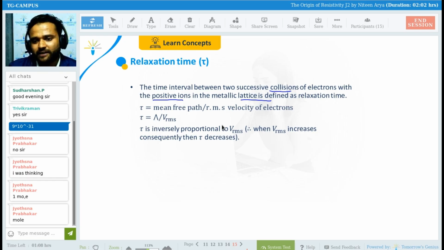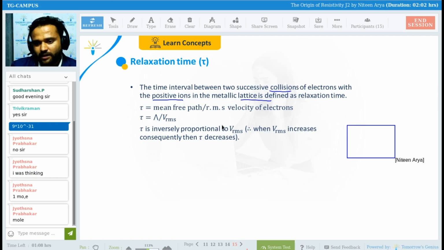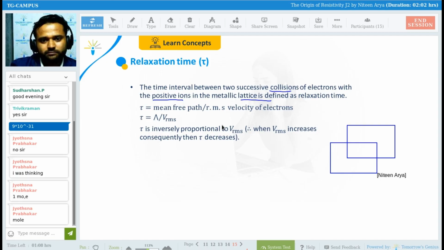But one simple thing I can give you: every solid structure is made up something like this. There are three kinds of lattice: simple cubic, body centered, and face centered. In this way we have arranged the electrons. If I'm not wrong, this is simple cubic.